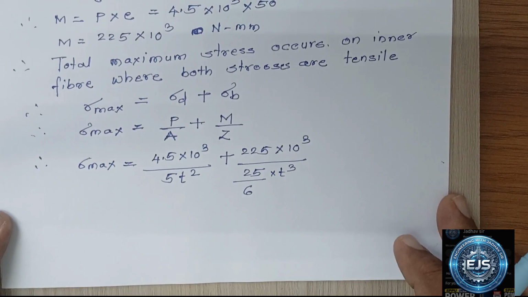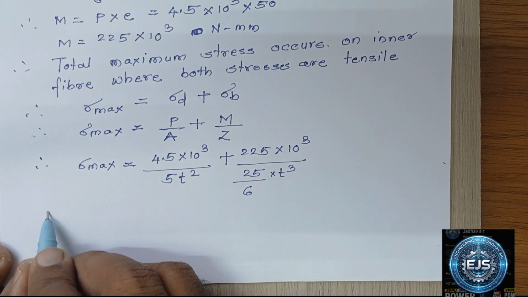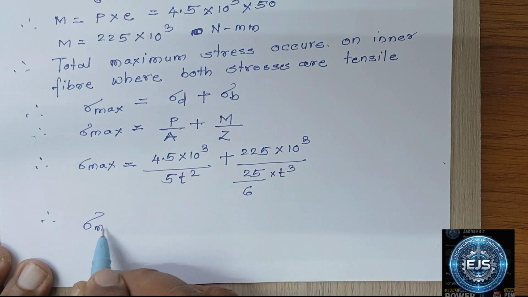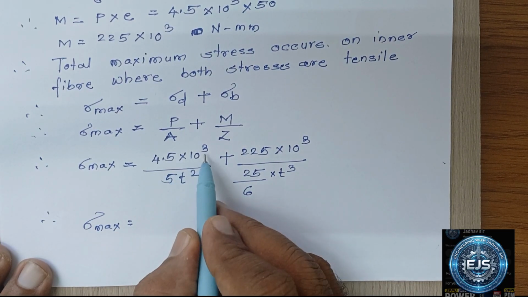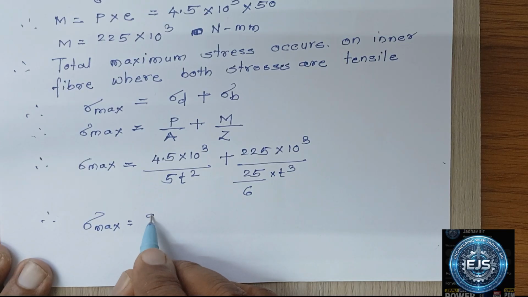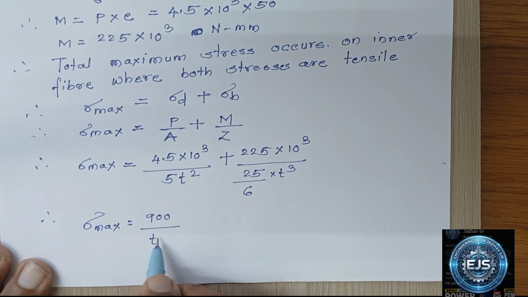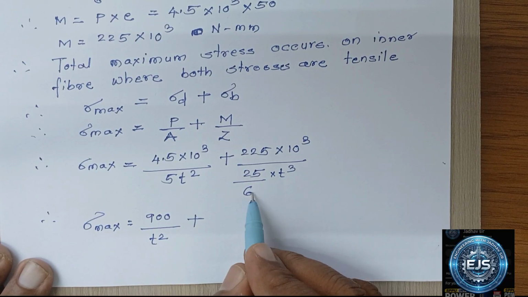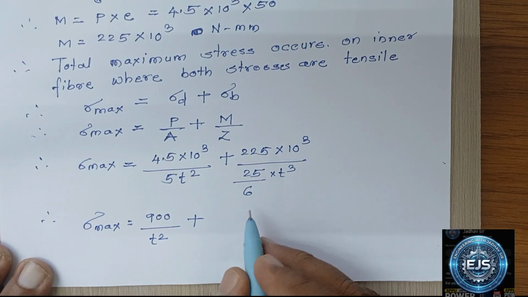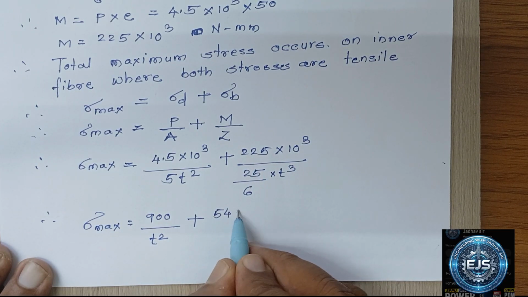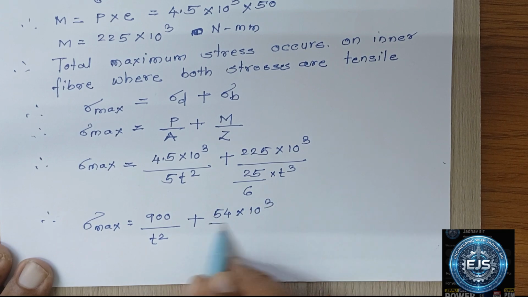So in this way, the equation of maximum stress sigma max is there. The first term, 4.5 into 10 raised to 3 divided by 5, is 900 upon T square, plus the 6 will go in the numerator: 225 into 6 into 10 raised to 3 divided by 25, which is 54 into 10 raised to 3 divided by T cube.